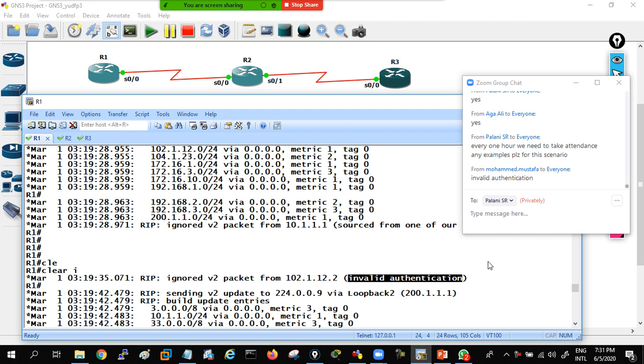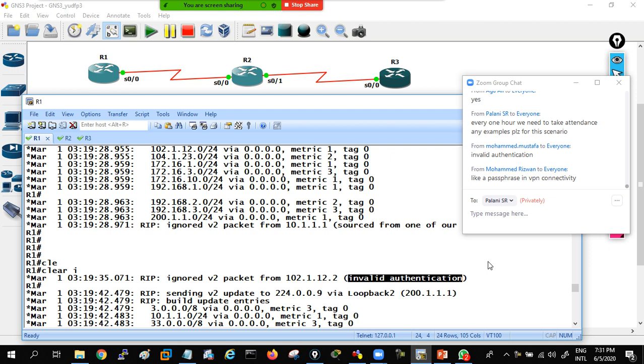That's why, when I enable it on the router 1 side and router 2 tries to contact, router 2 doesn't have any authentication configured, so he is getting an invalid authentication message. You understand, guys? Yeah, it's like a passphrase kind of stuff.